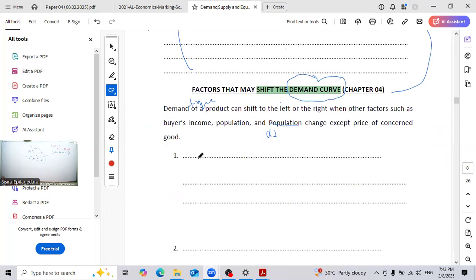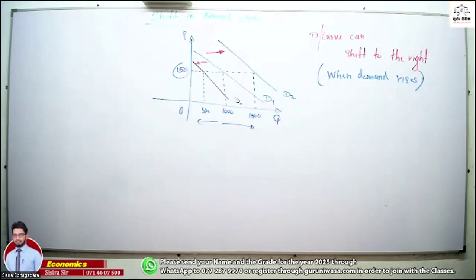Factors affecting the demand curve to shift. First factor, write down: income. Are you clear? I'll explain it, right?